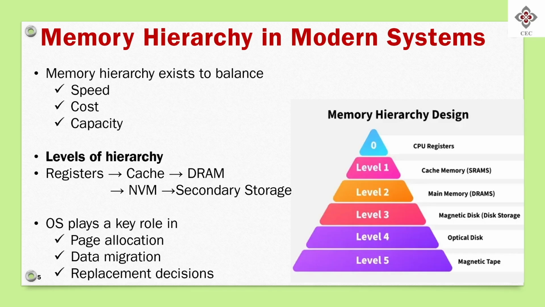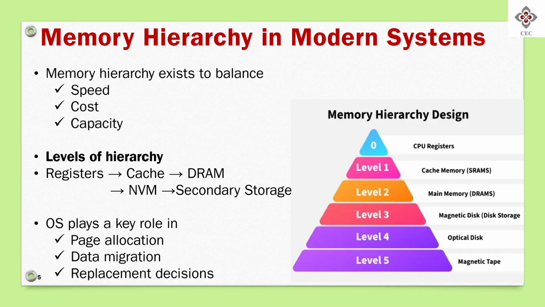The OS plays a key role in managing all this, in terms of allocating pages while processing in the CPU, then migrating data from one level to another level, because the memory capacity is different, and the currently needed data may be in one memory, whereas we have to shift it from this location to that location.